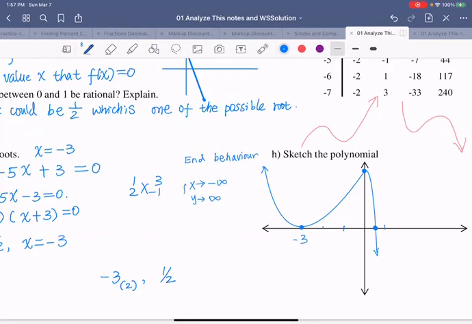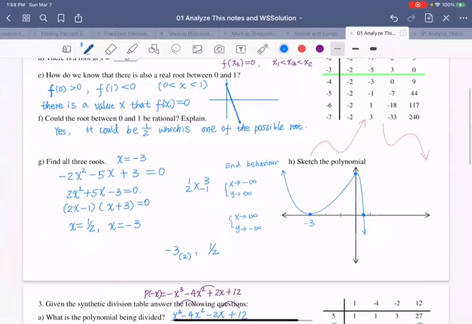When your x approaches positive infinity, your y will go to negative infinity. That makes sense? When you analyze your y value as x approaches negative infinity or positive infinity, this is called end behavior.